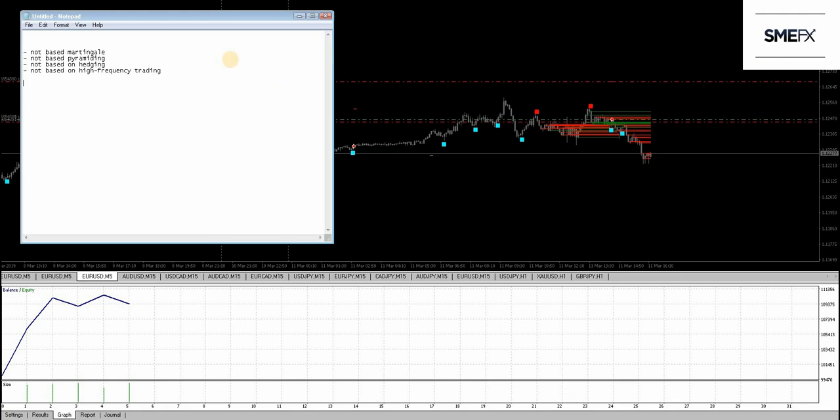I should also say that it always places a stop. That it has an auto lot function, so it calculates the optimal leverage for a defined risk per trade. In percentages.